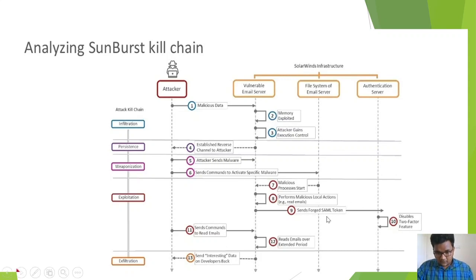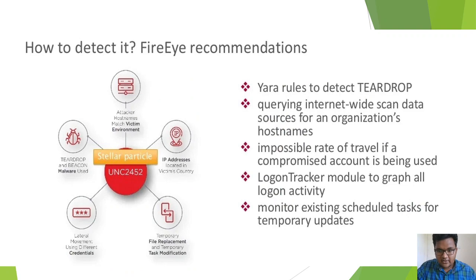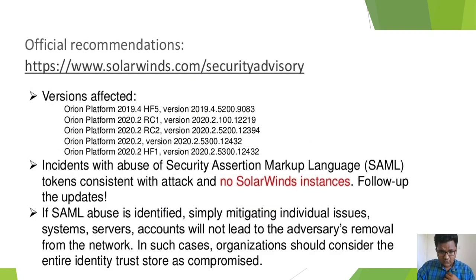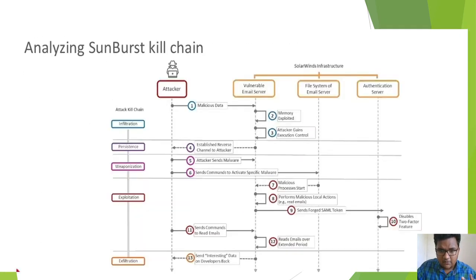Then after reaching this stage, the core stage is the authentication server. The hackers need to disable all the two-factor features for easy further access, right? So a SAML token is used for these authentication features. SAML is Security Assertion Markup Language.